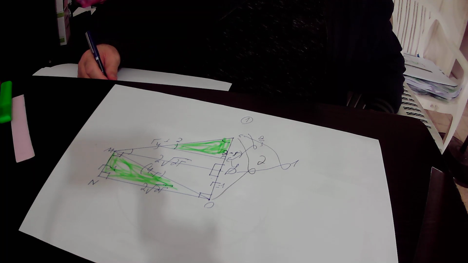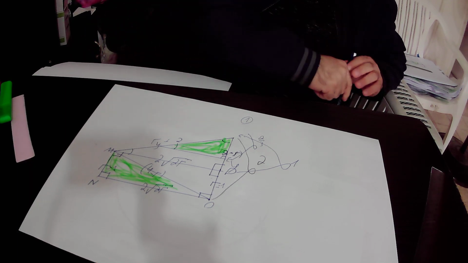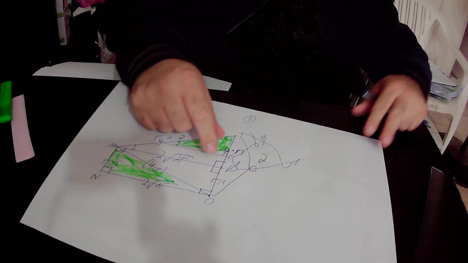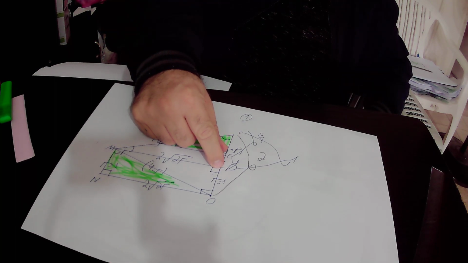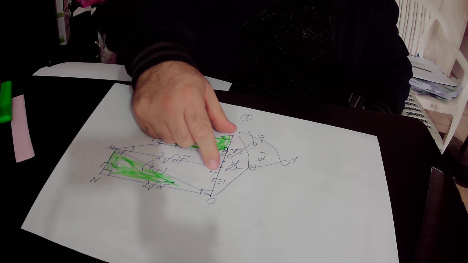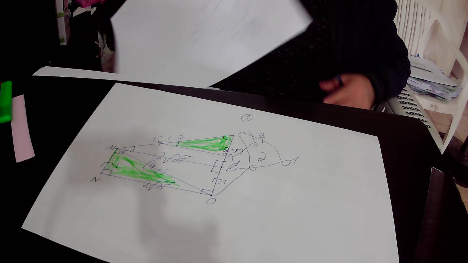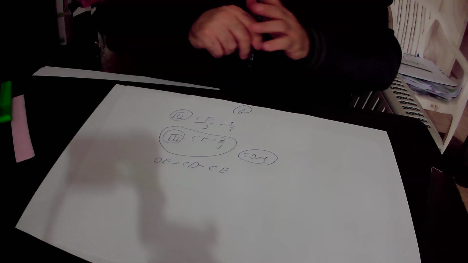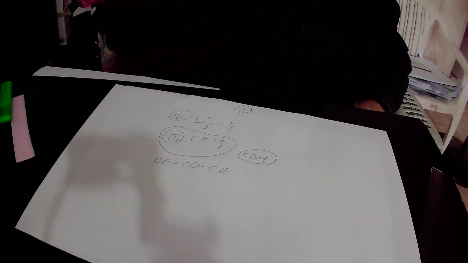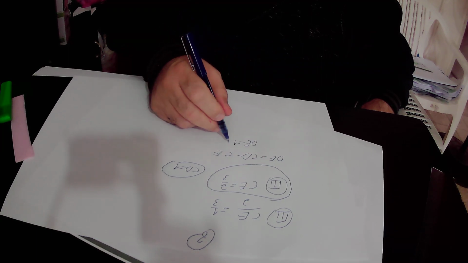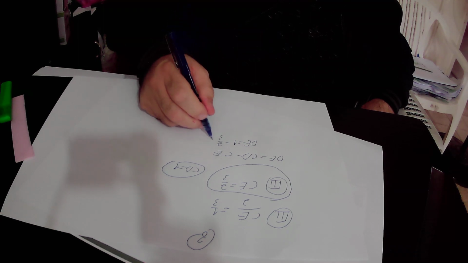DE, this small line segment, equals CD, that is 1 unit, minus CE, that is 2/3. 1 minus 2/3 is 1/3.